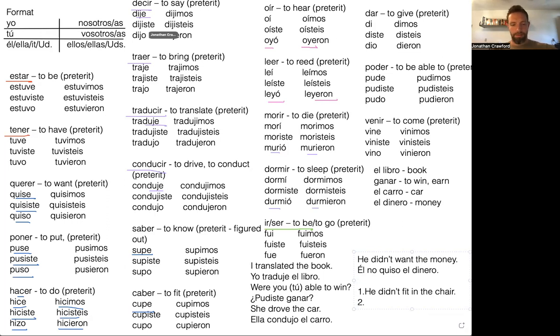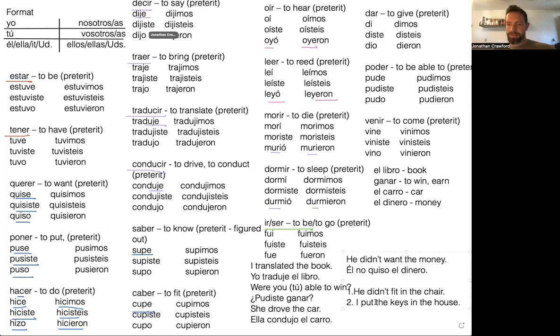All right, number two. I put the keys in the house. Trying to avoid tricky prepositions and stuff that you may or may not know.